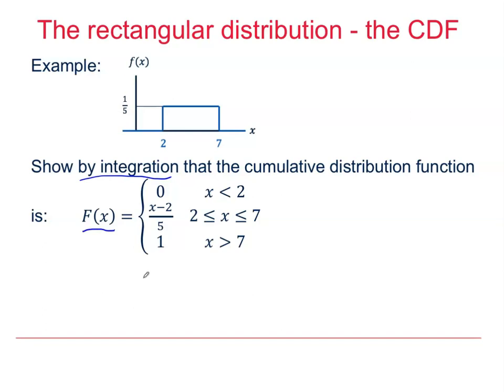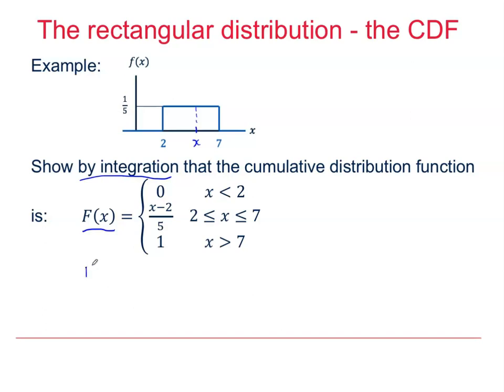So let's take a look then at a value x that lies between 2 and 7. Then the area up to that variable x can be found by integration of the PDF.